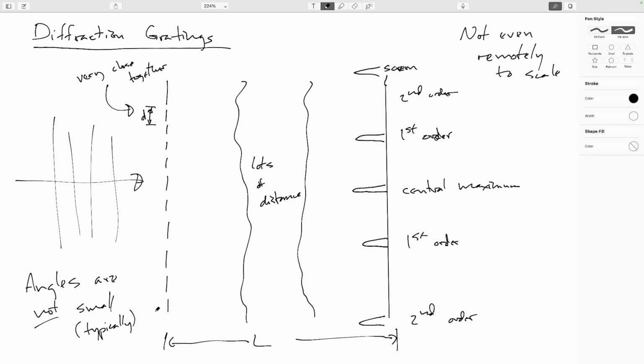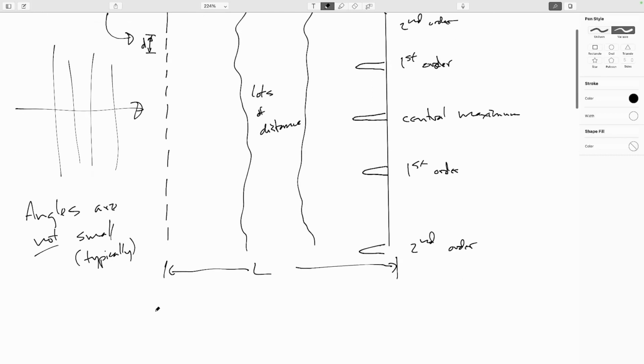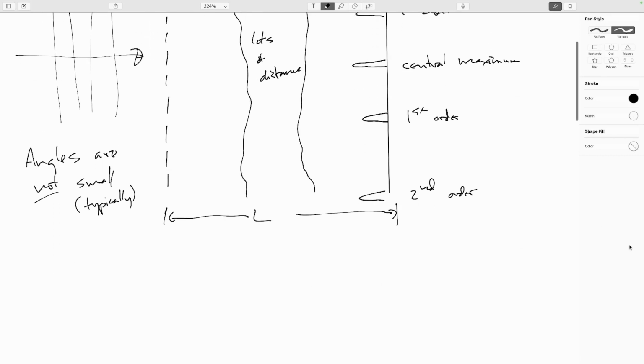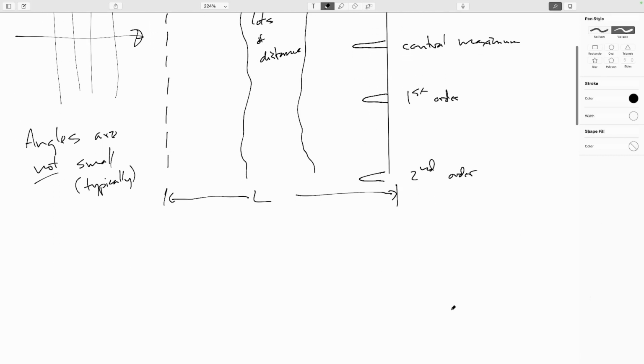And this is a feature, not a bug, because you want to get a big angular separation so that you can very precisely measure the wavelength of the light that you're detecting. So we can't make sine theta approximately theta, and we can't make tan theta approximately theta.